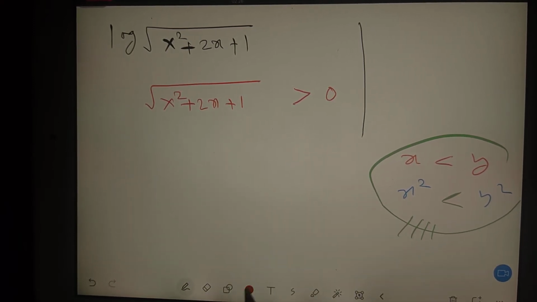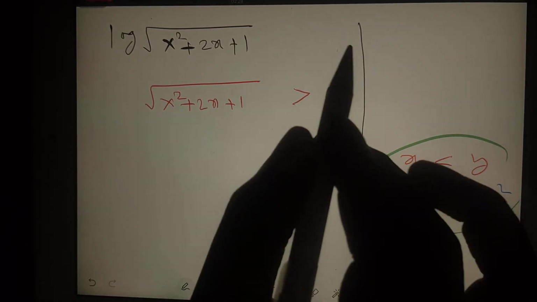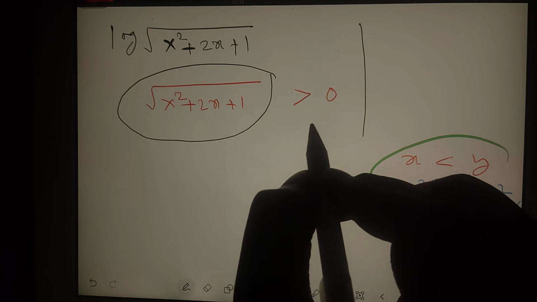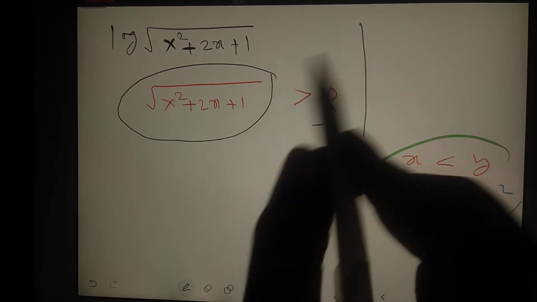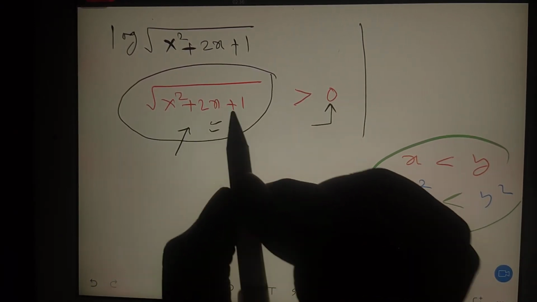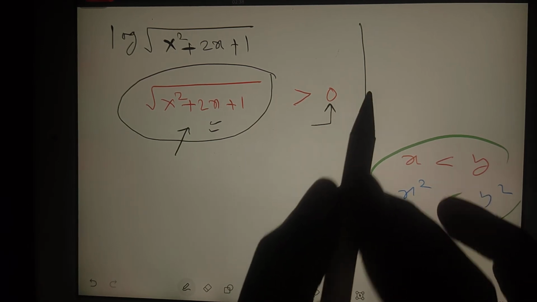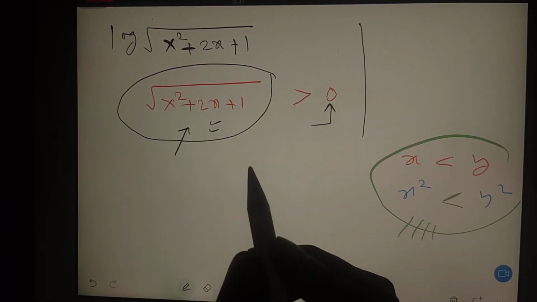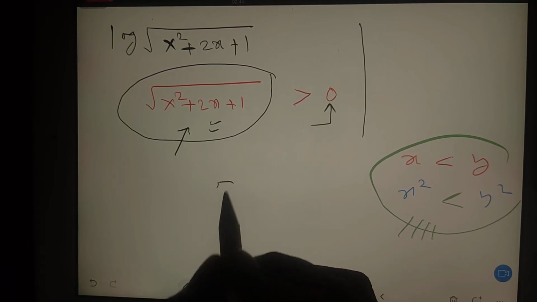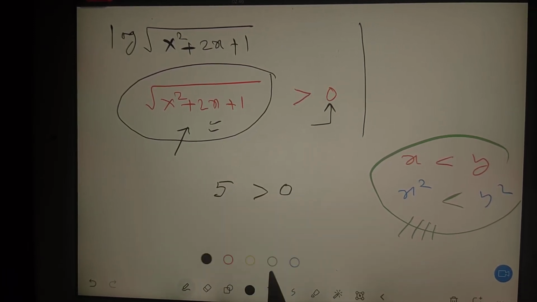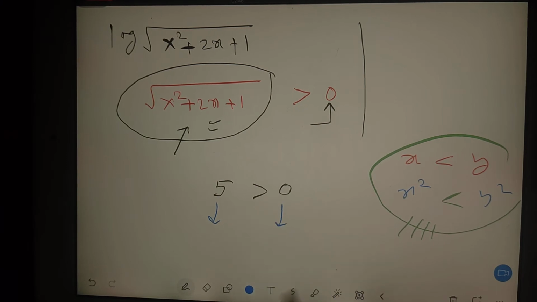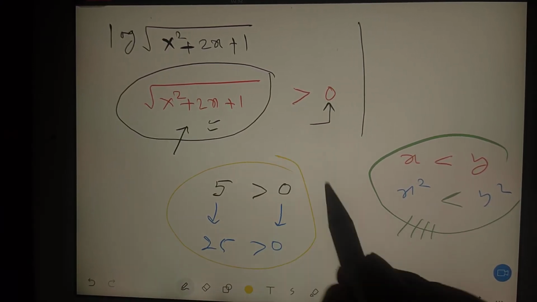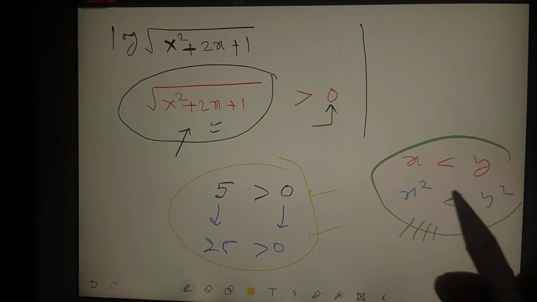So what we have to do, but one thing is very sure, if something is greater than 0, then definitely that is going to be a positive number. For example, suppose I am writing 5, which is more than 0. If I square this, then automatically 25 will be more than 0. Here inequality allows you, because it is logically correct.